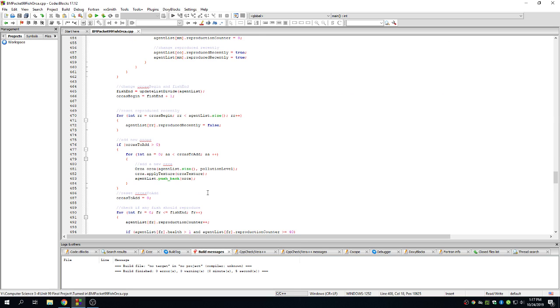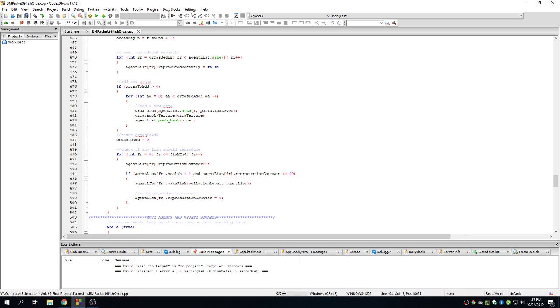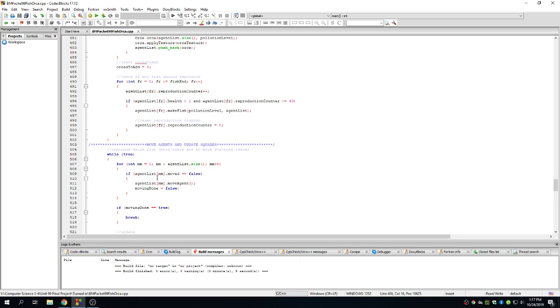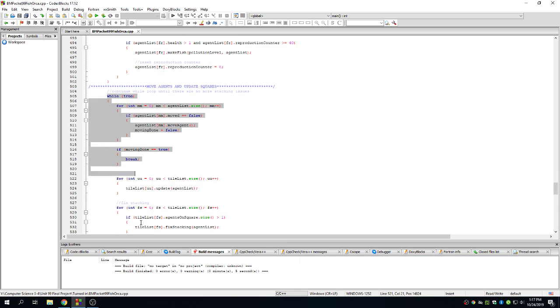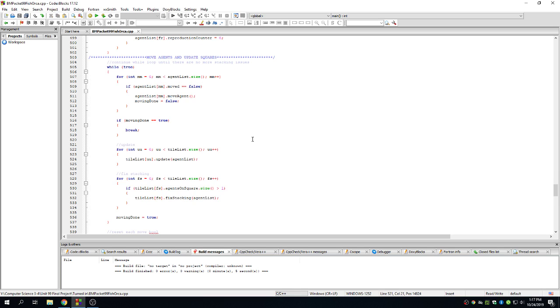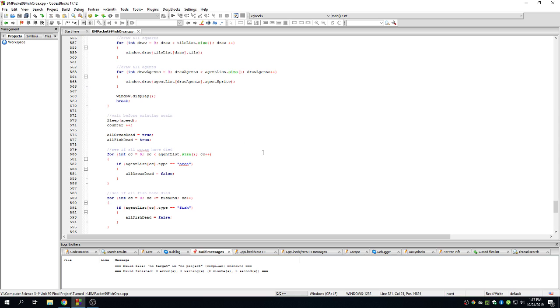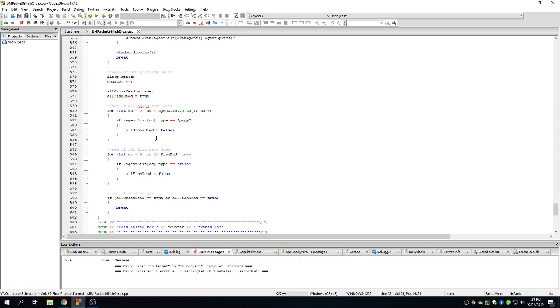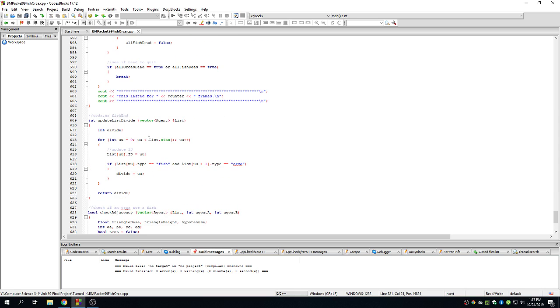And then for fish, as I said before, reproduction is here. And this is moving. So as you can see, it goes through this loop until every single orca and fish are on different tiles. And then it draws them all to the screen, and it checks to see if anything's dead.